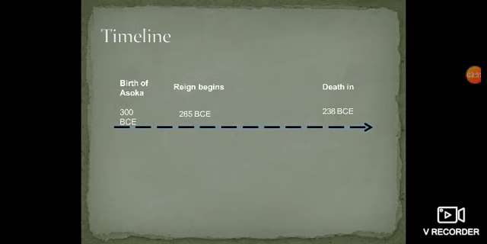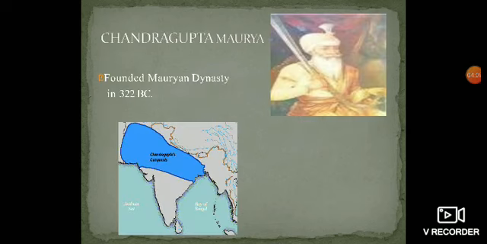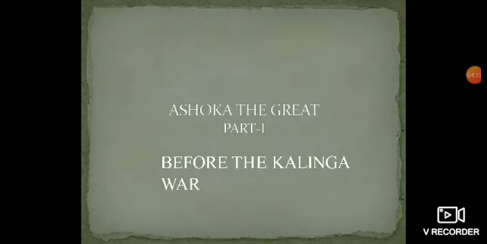It is before the birth of Jesus Christ. Here you can see the picture of Ashoka's grandfather Chandragupta Maurya and the extension of the Mauryan dynasty. Ashoka the Great. Okay, now, have you thought how Ashoka was able to become the ruler of such a vast empire?